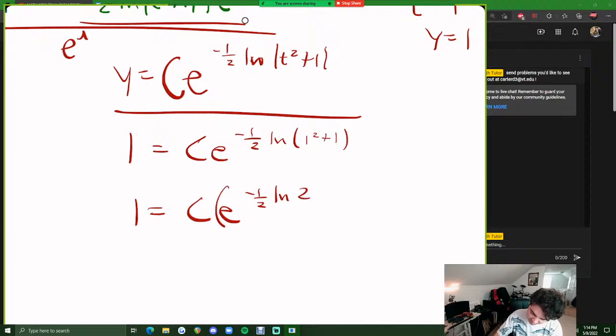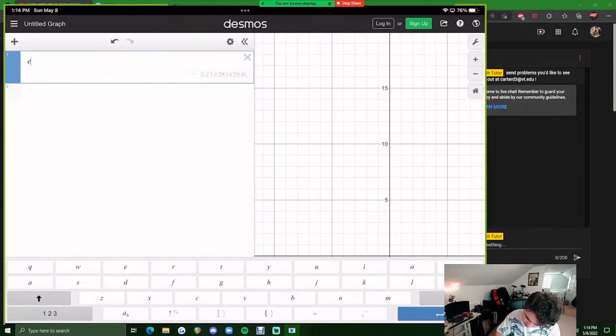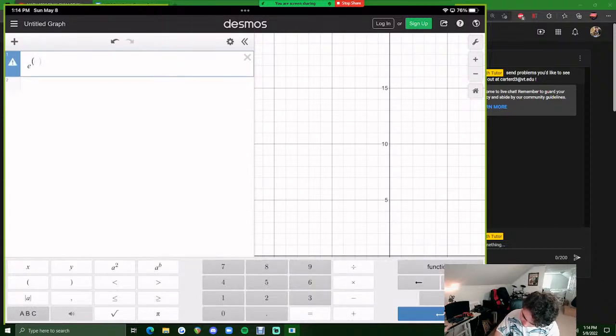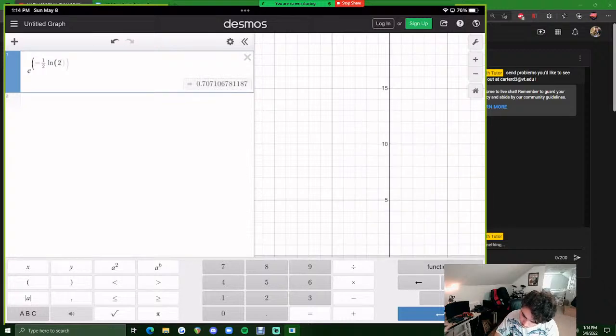All right, so let's calculate this, and then we'll just divide it to the other side to get c by itself. So e to the negative 1/2 times the natural log of 2, and we get 0.707.